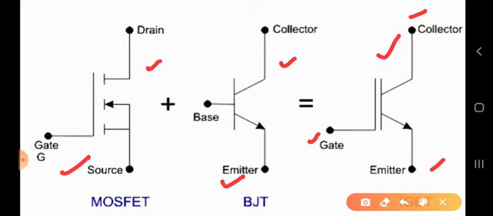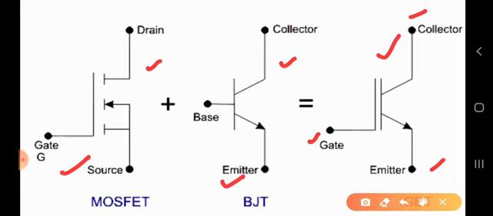Comparing the MOSFET and BJT, which ones have we taken? The gate is taken from the MOSFET, and the collector and emitter of the BJT have been taken. We also call the emitter a source and the collector a drain for this IGBT.